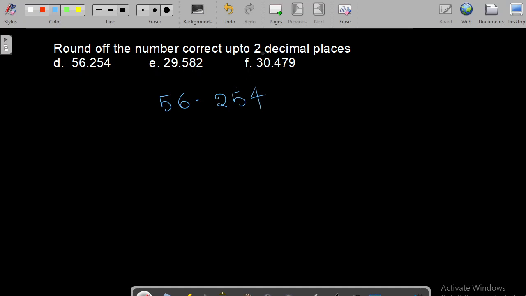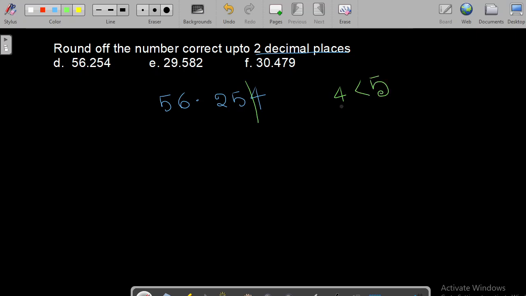Here I want to round off the number correct up to two decimal places. If I have to round off after two decimal places, then I have to cut off after 5. So I can see that the digit after the cutoff line is 4. Now 4 is less than 5.